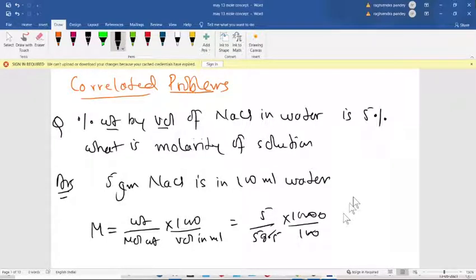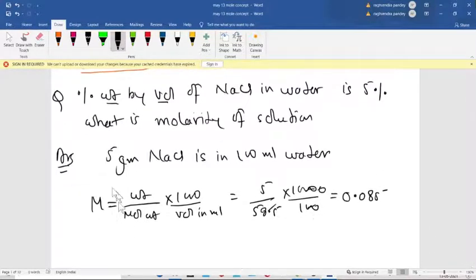That is 0.085. So this is the solution. This is how you have to find it.